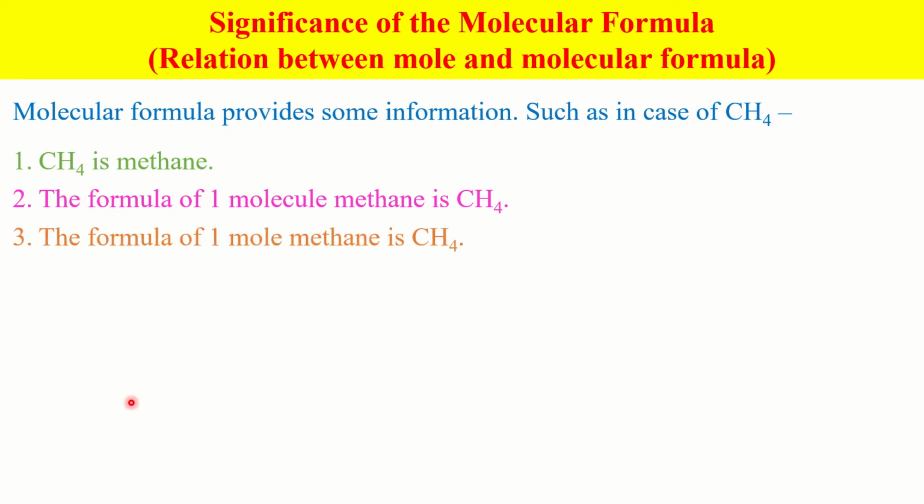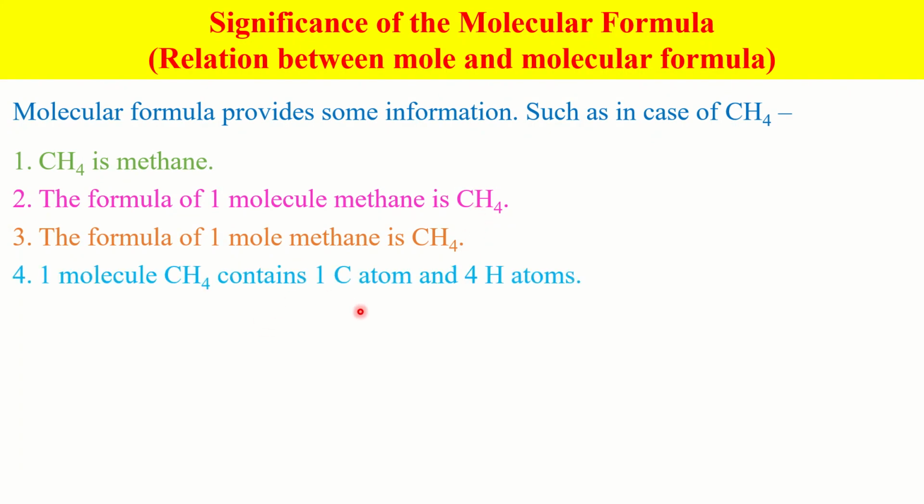Not only this, the formula of 1 mole methane is also CH4. So, if I tell you to write the formula of 1 mole methane, you will write CH4. If I tell you to write the formula of 1 molecule methane, you will write this CH4.